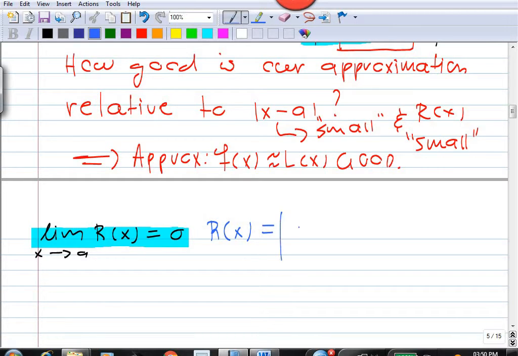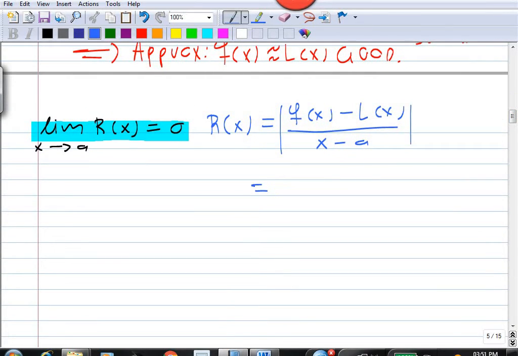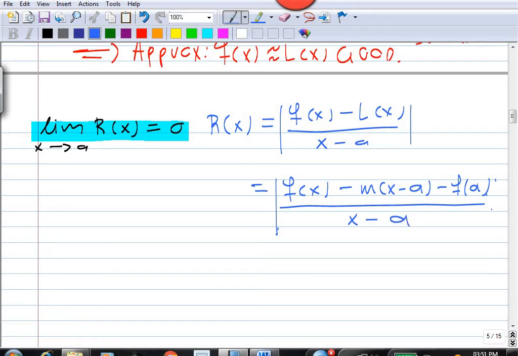It is, per definition, the absolute value of f of x minus L of x over x minus a. Right, and now we know we've got here f of x minus m times x minus a minus f of a, all over x minus a.